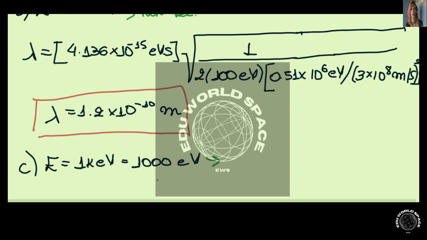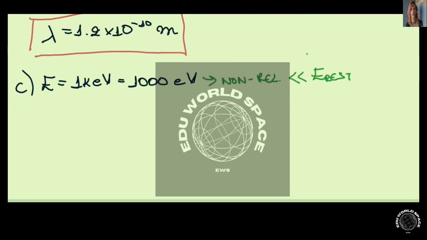Still, this energy is in the non-relativistic regime, because it's still much smaller than the rest energy of the electron, which is equal to the mass times the speed of light squared.